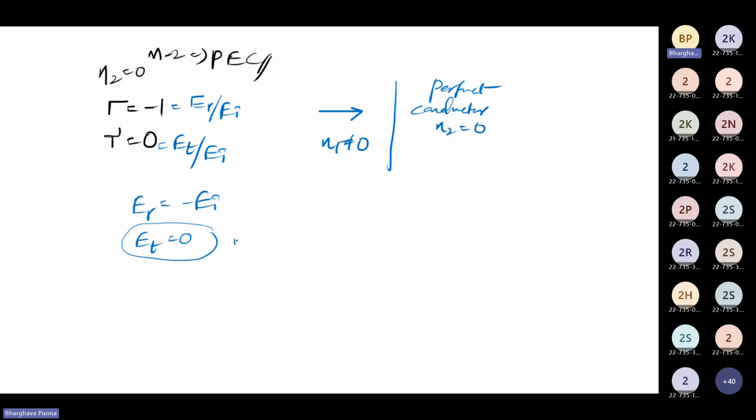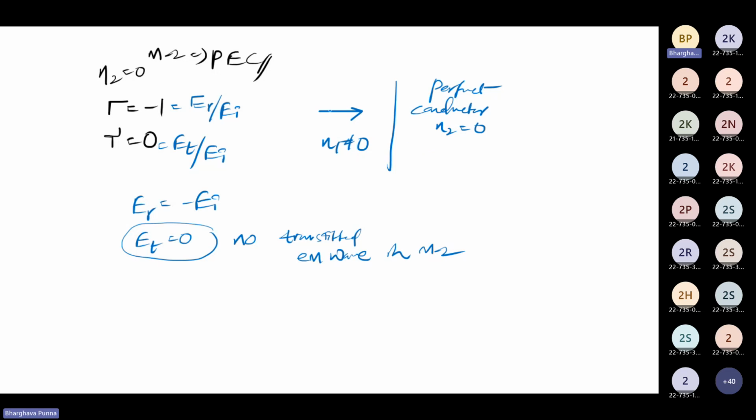That means there is no transmitted EM wave in medium 2. That is what we can tell. In our basics also I have told that there is no electric field in the conductor. That is what we have observed here also.